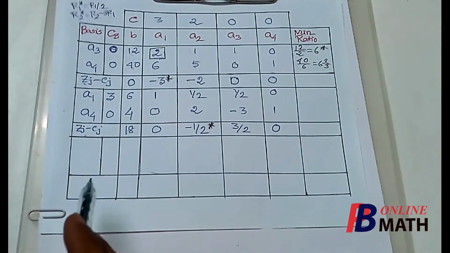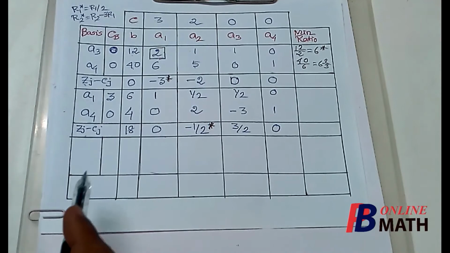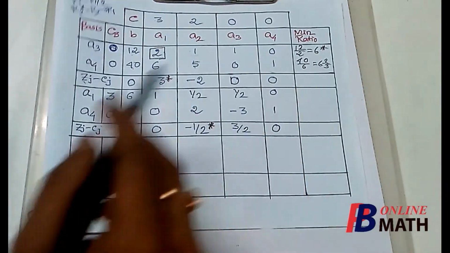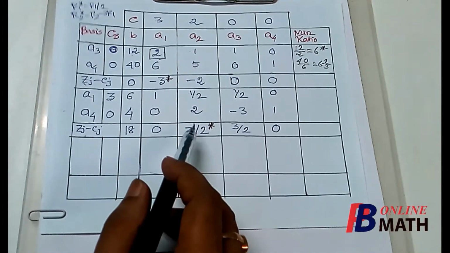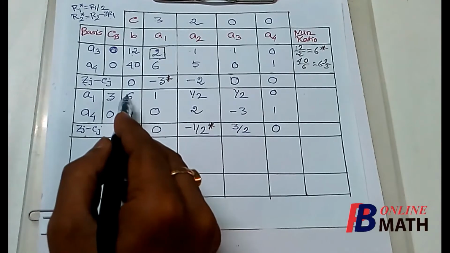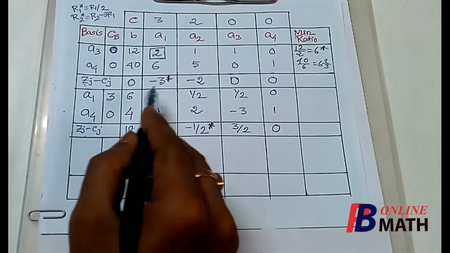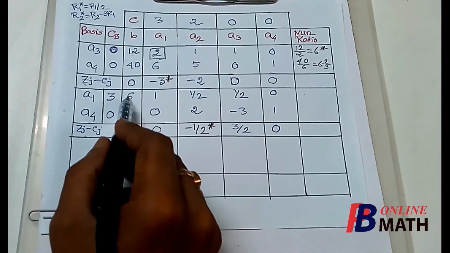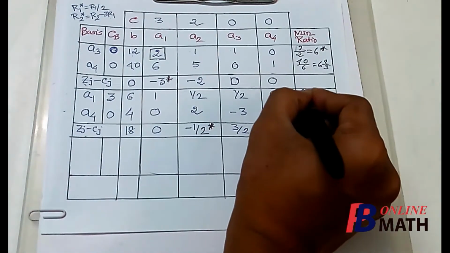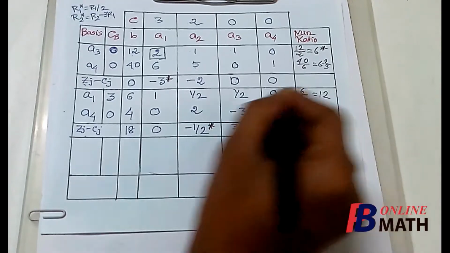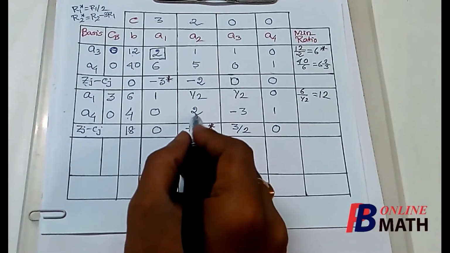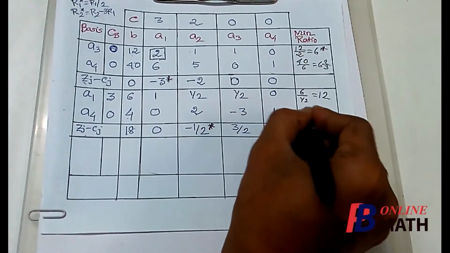Now we have to identify the vector which will leave the basis. For that we have to find the min ratio. So for the min ratio, the first value of the ratio will be the b value divided by this coefficient. So this is 6 by this half. So it is 6 by half, which is 12, and this value will be 4 by 2, which is 2.